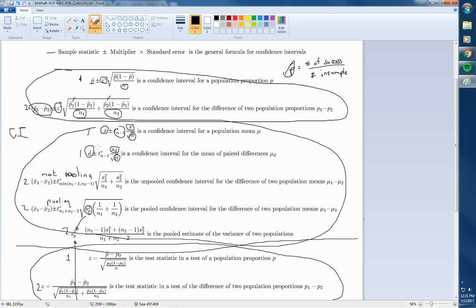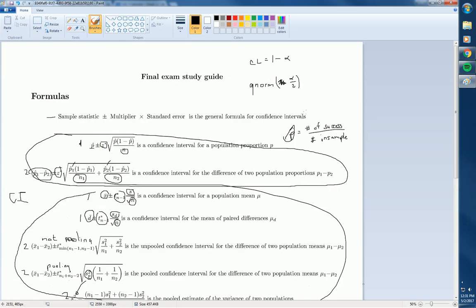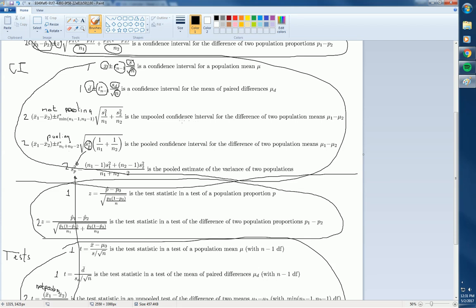T star sub n minus 1, once again, because it's a star, comes from q, but it comes from qt. So you would ask for qt of alpha over 2, comma, then you put in your degrees of freedom, which is n minus 1. And that gives you the t star.